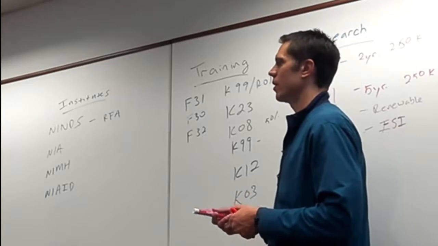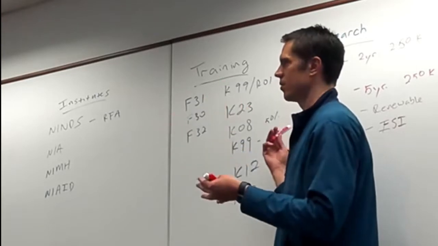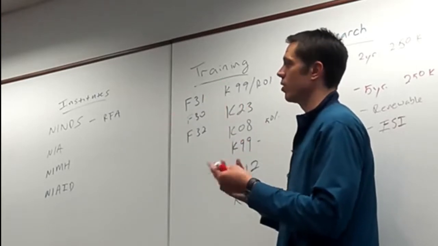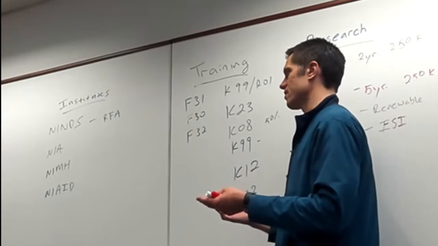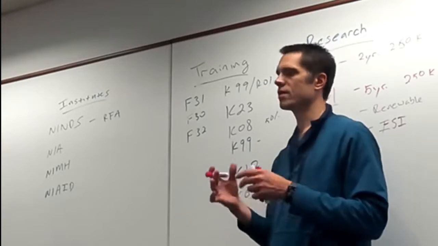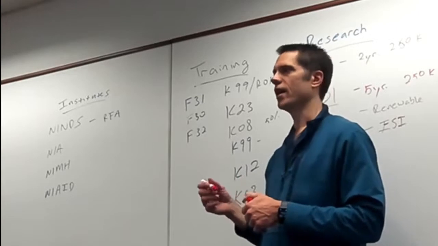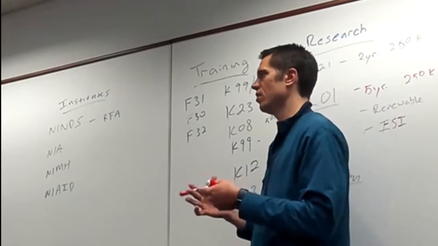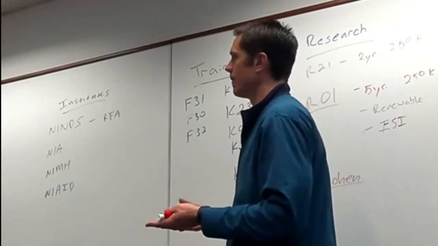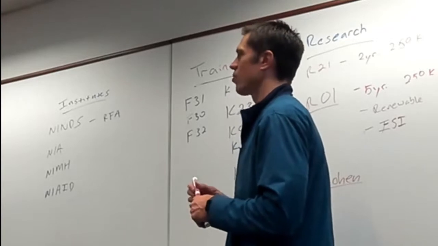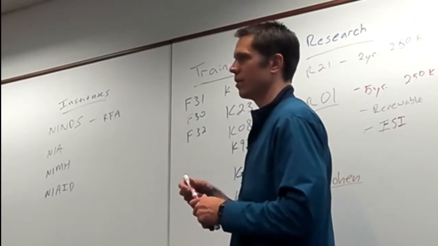On a grant, you have the principal investigator, the main person on the grant. You can have co-investigators, you can have consultants. So the principal investigator, the grant is submitted to the NIH from his or her department. And that means that the indirects are credited to that department.